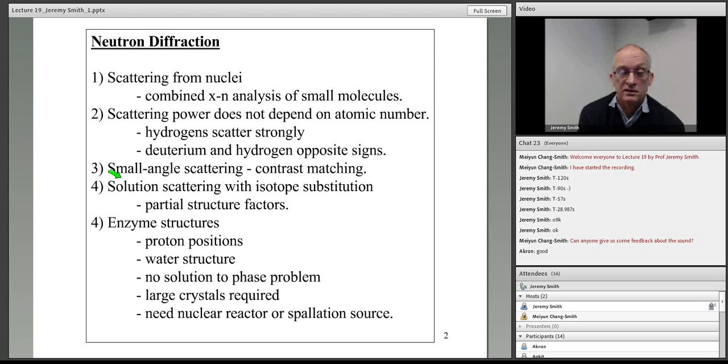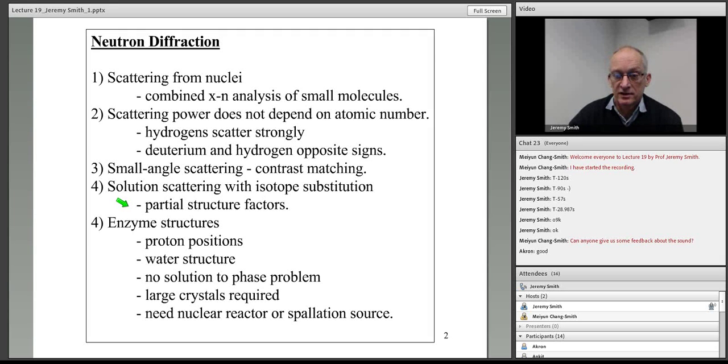The water is critical in biology for forming structures, and solution scattering with isotope substitution allows us to derive so-called partial structure factors, which are Fourier transforms of specific atom pair correlation functions, not just the average over all of them, which is what you get with X-rays. So this allows us to get detailed structure of interactions in solutions.